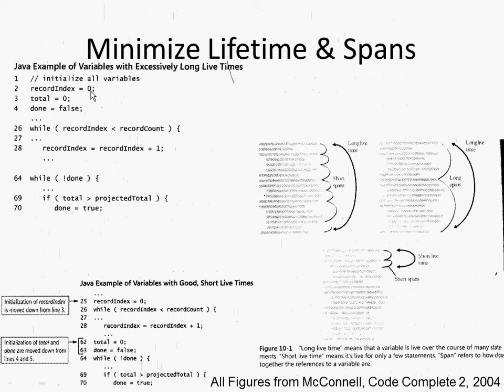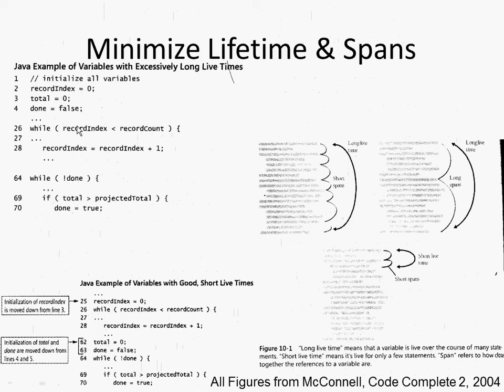Similarly, if down here is total on line 69, you have to go up and find where total is initialized. It's really confusing. You're looking at all these lines to find where total was last changed, okay? Even if your editor highlights it for you, you have to page up quite a bit maybe to find it.